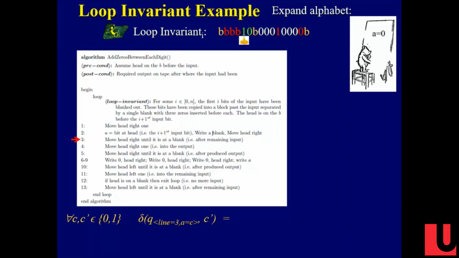Because I have two different C's. I'm in the state where I'm remembering that A is C, and I'm in line 3, and I'm looking at some character which is a different character than this. If you made this the same, that would not be good. This is a value I'm remembering. This is a different value that I'm looking at on the tape.